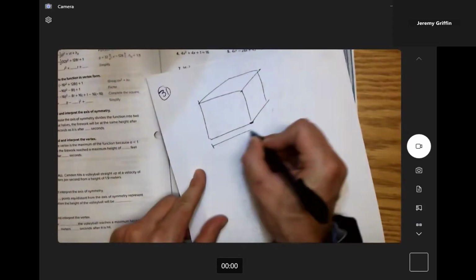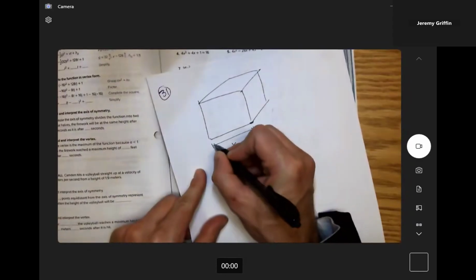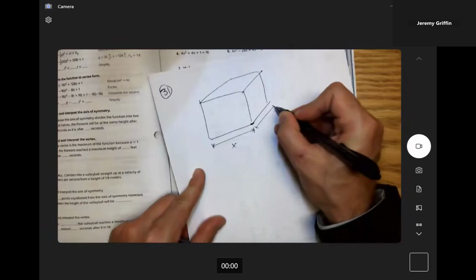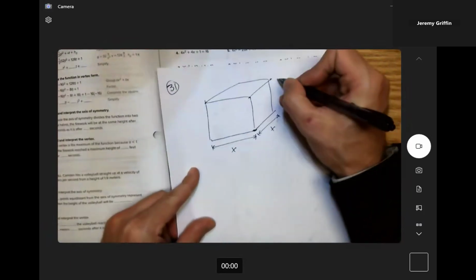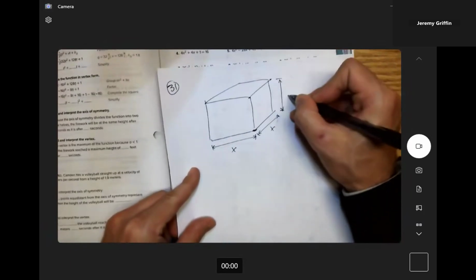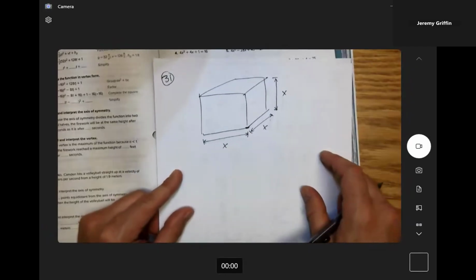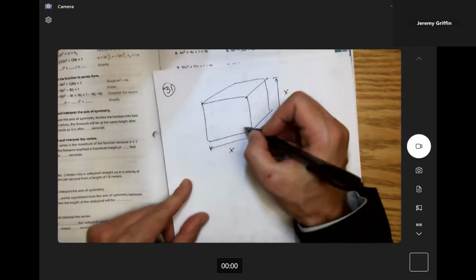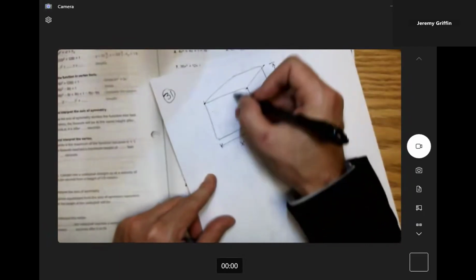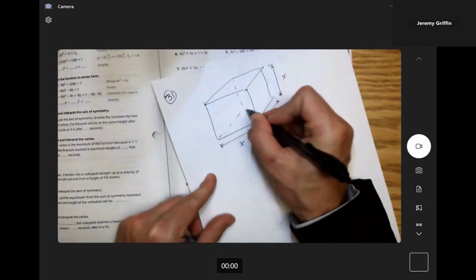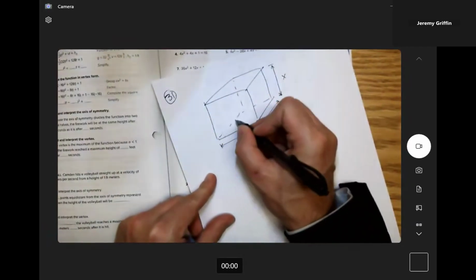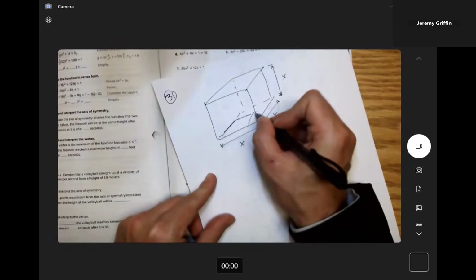Maybe I'll call this original side x. And if this is a cube, that means that this is also x, and this is also x, right? So length times width times height, x times x times x. And if we reduce by 4 inches, you could imagine, suppose this was kind of transparent, we get a smaller cube.